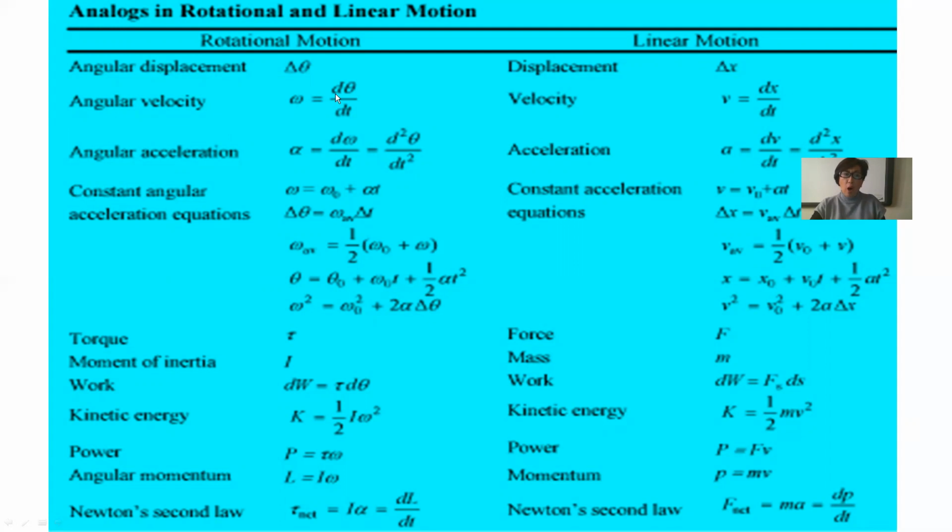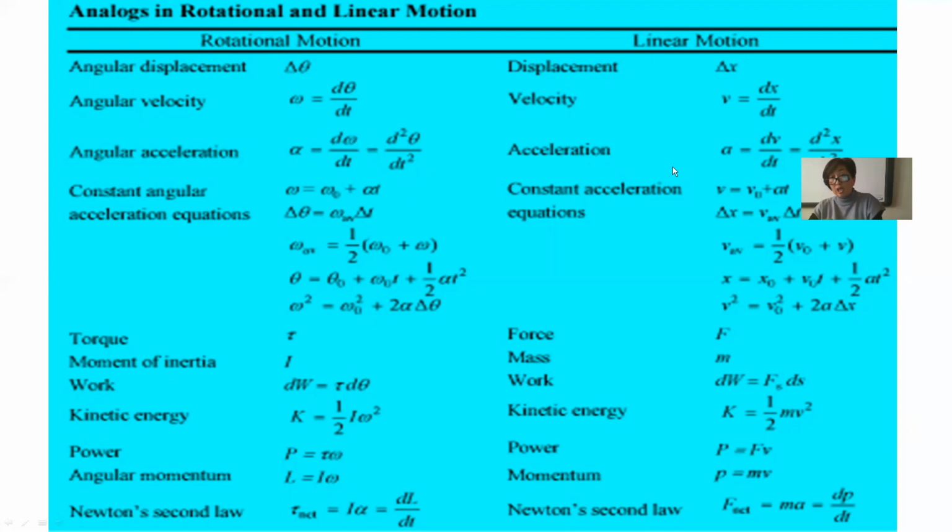Angular velocity is the first derivative of the angle with respect to time, and the analogous linear quantity is instantaneous velocity, the first derivative of position with respect to time. For angular acceleration, we know the formula: it is the first derivative of angular velocity, or the second derivative of the angle with respect to time.